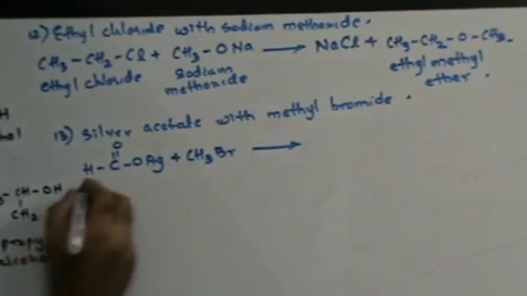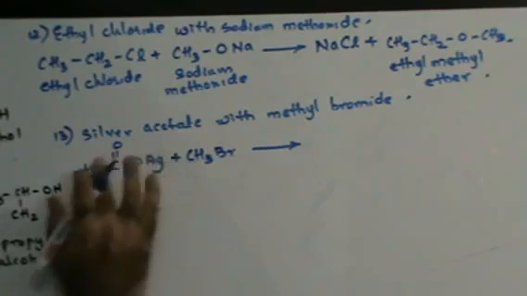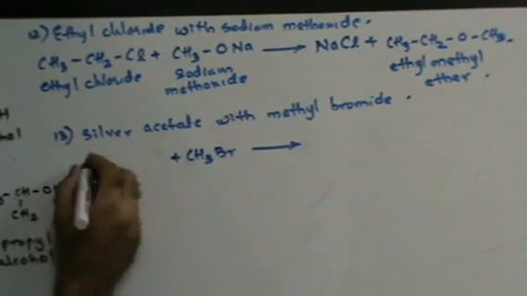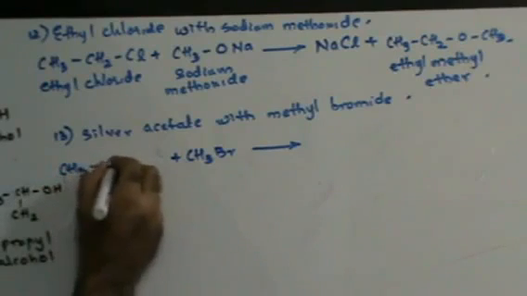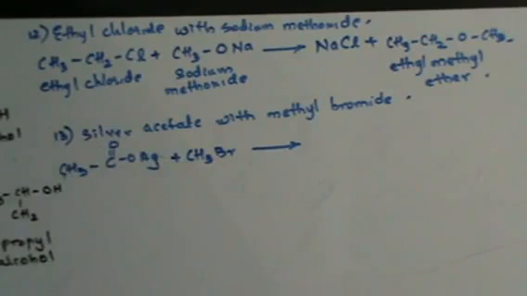So wait, I made a mistake, right? Acetate is CH3COO. Silver acetate reacts with methyl bromide.